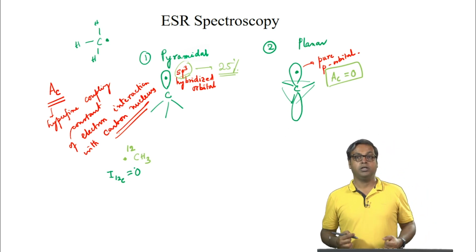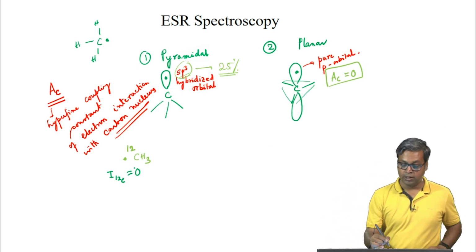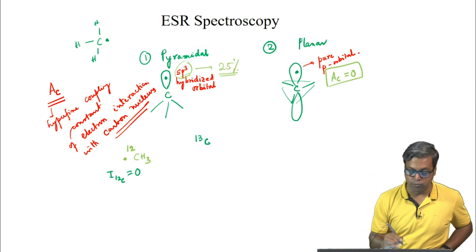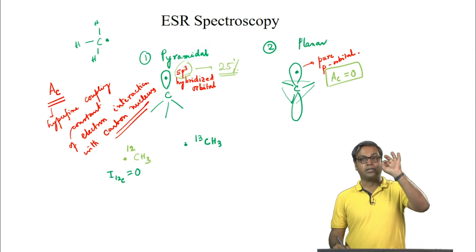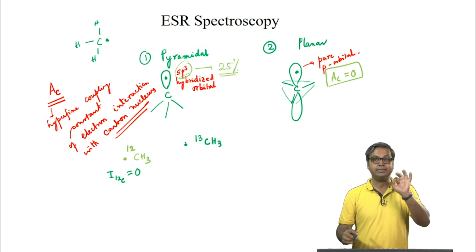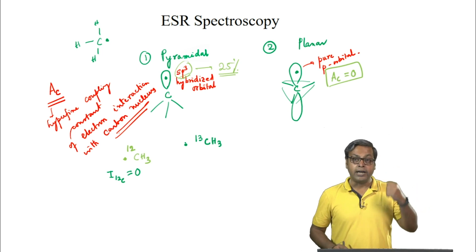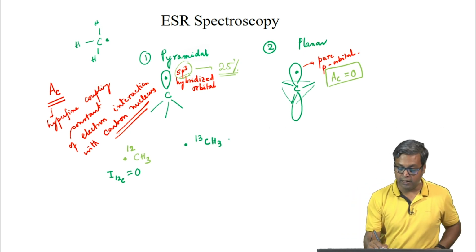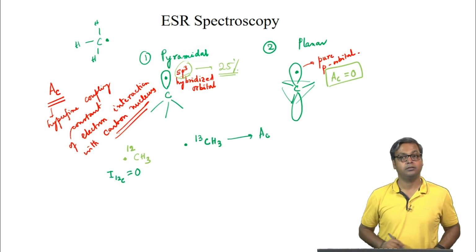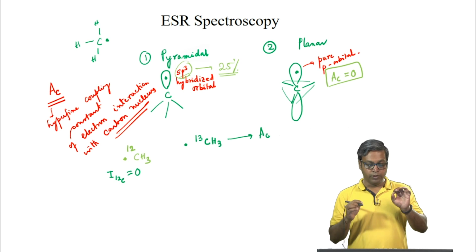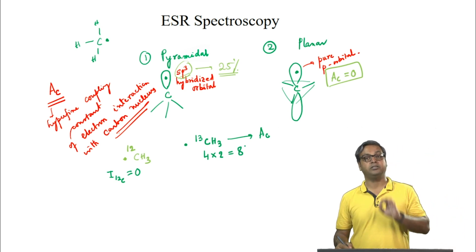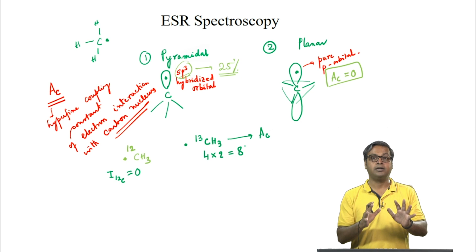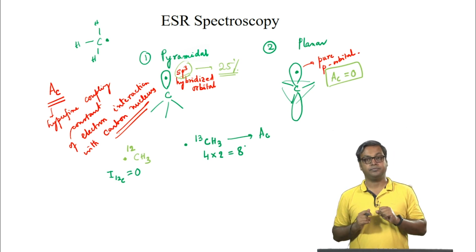So, the way out is to use the 13 C isotope of the methyl radical. The use of the 13 C methyl radical would enable us to find the value of A C. And we will see that we will have 4 times 2, that is 8 hyperfine structures, in the case of the 13 C methyl radical.